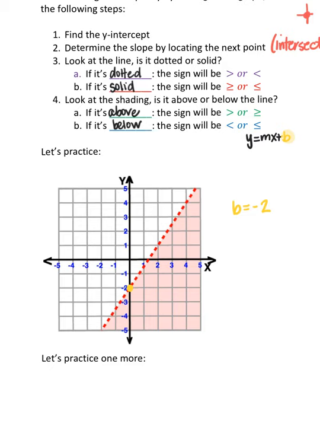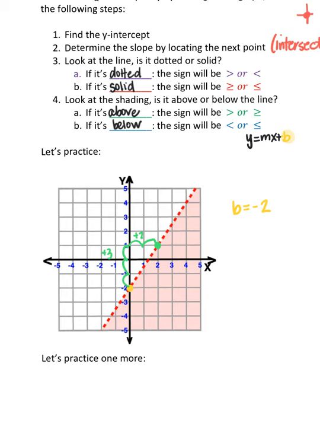Now, I'm going to go from -2 and find the next point of intersection. I can see right here that this point crosses at (2, 1). In order to get to that point, I go up 1, 2, 3, so up 3 over 2.